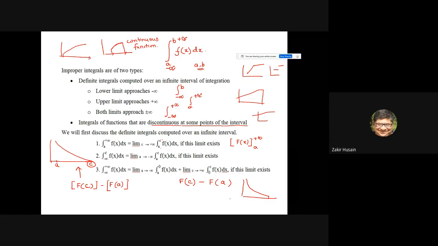Suppose it is approaching some point. This may not necessarily be 0. It can be some point A. So this is the asymptote. Are the first two points clear?